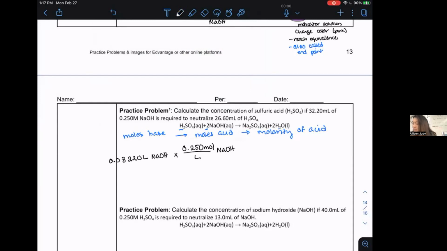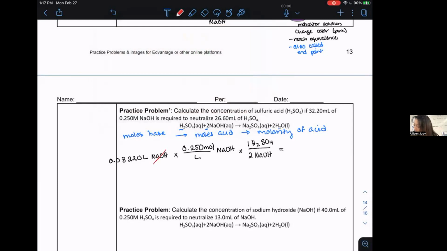And that's going to get me some value of moles of base. And I know that for every 2 moles of base, to neutralize fully, I have to have 1 mole of acid. So that tells me the amount of acid that is being neutralized and therefore present in solution. So could somebody please tell me what that all adds up to in moles of acid?